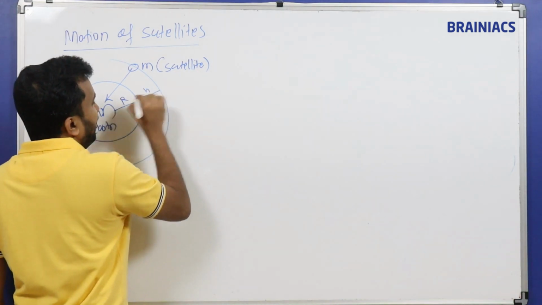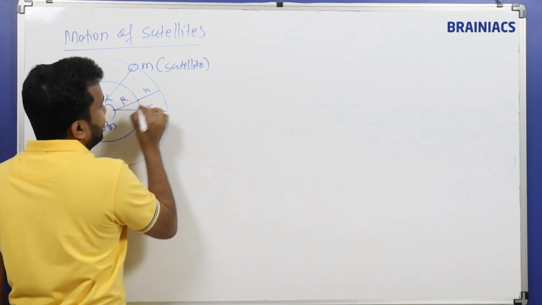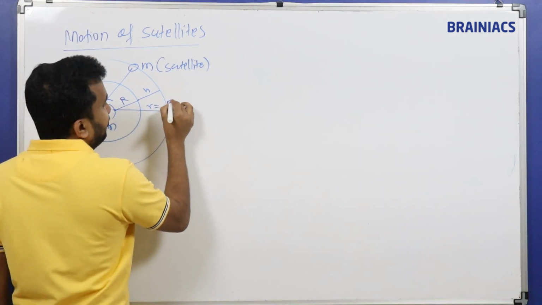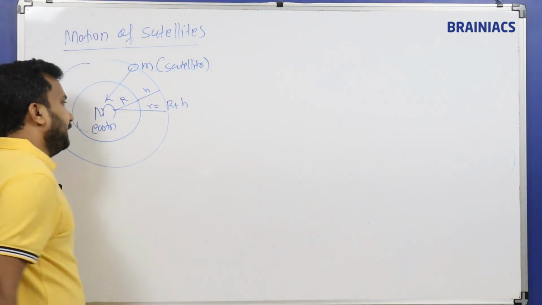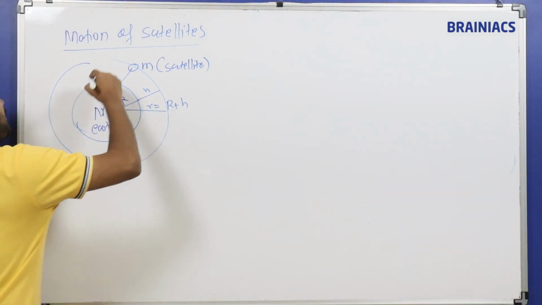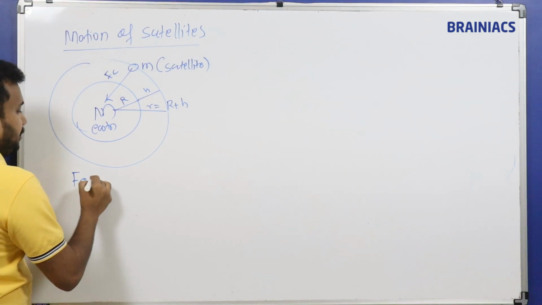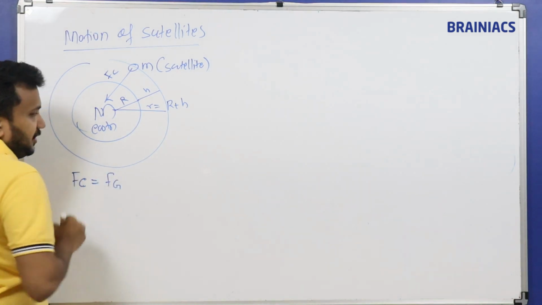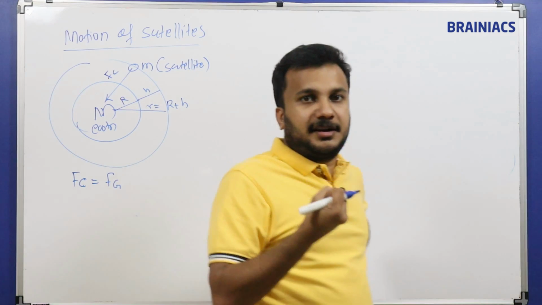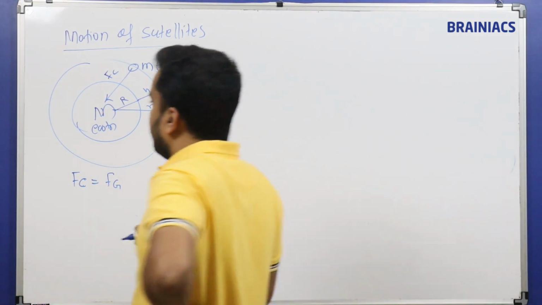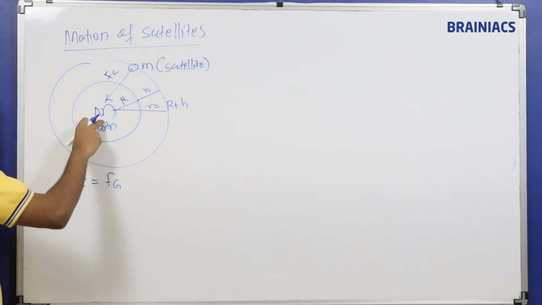This is a very small height h, but overall I am writing small letter r, and this r will be equal to R plus the small height h. There is a centripetal force here, and the centripetal force will be equal to the gravitational force. We have an attraction towards the center, so the two bodies attract, which means capital M, the earth, and the satellite.